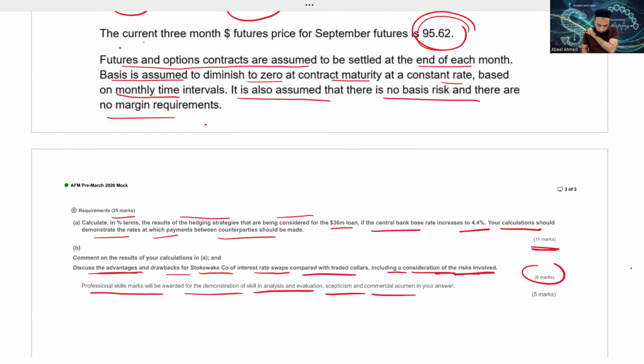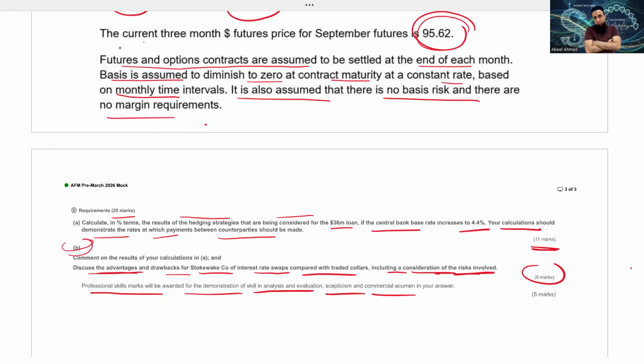Okay, comment on the result of your calculation in A, and discuss advantages and drawbacks. So in B, I'll be writing that interest rate swap is better than the collar. Discuss advantages and drawbacks of Stokewake of interest rate swap compared to collar.